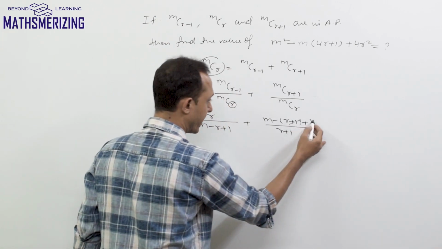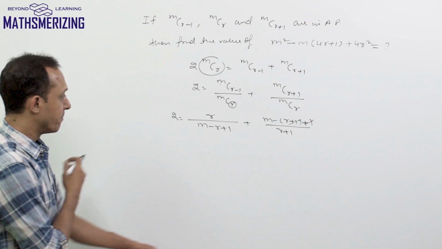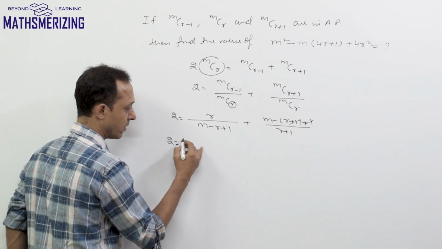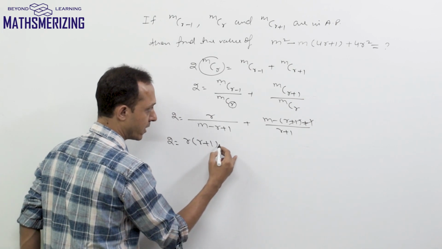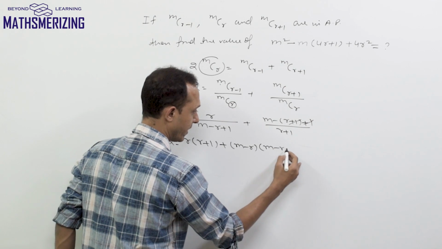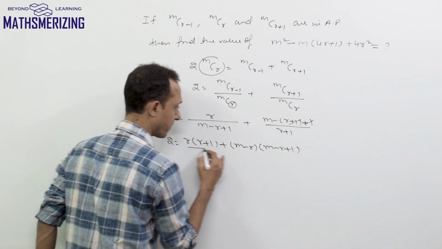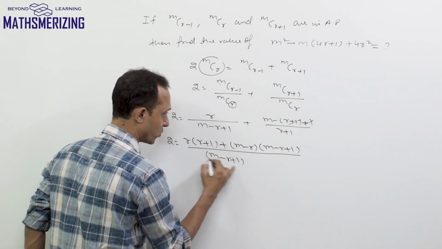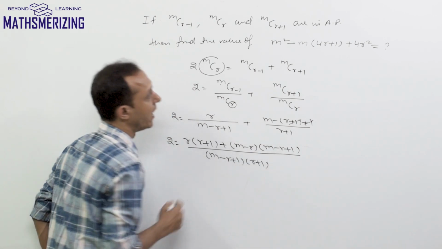So here 1 and 1 will cancel. So if I take the LCM, I can write it as r into r plus 1 plus m minus r into m minus r plus 1 upon m minus r plus 1 into r plus 1.